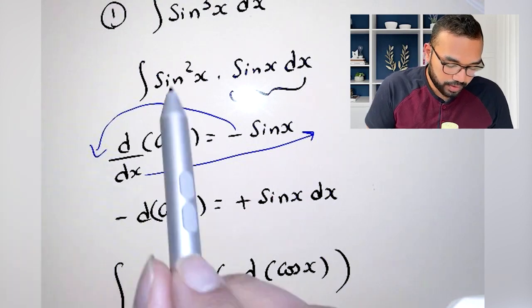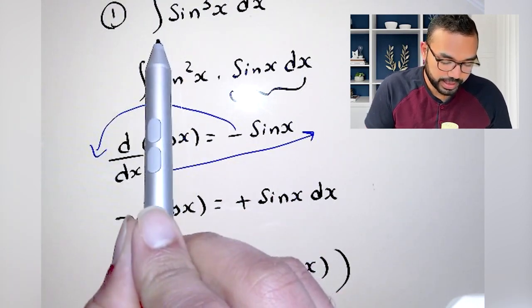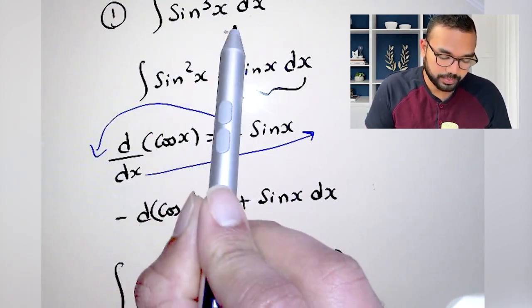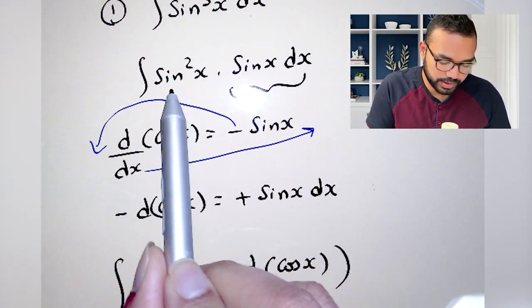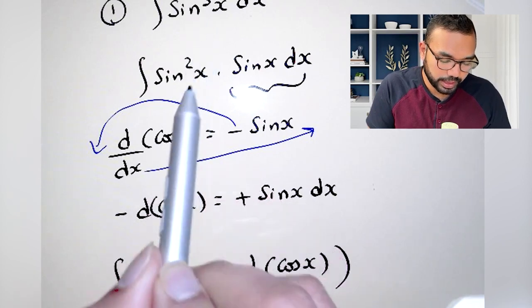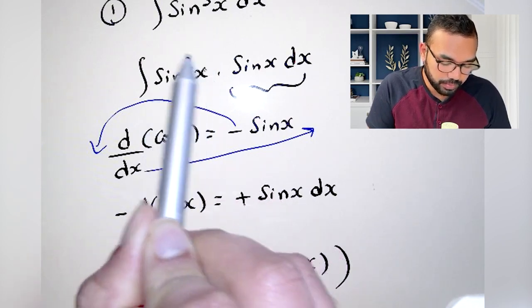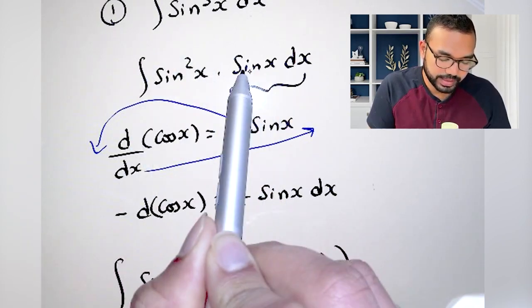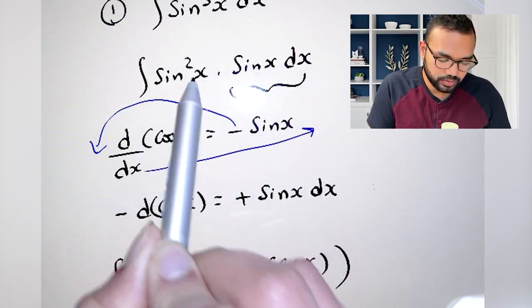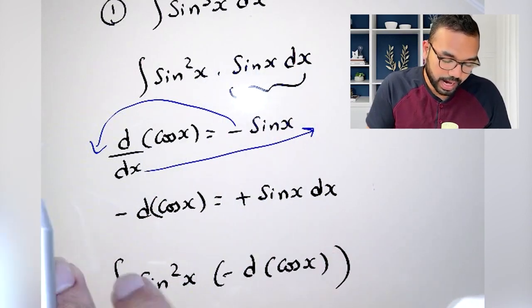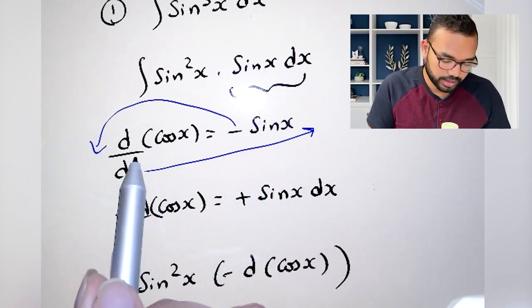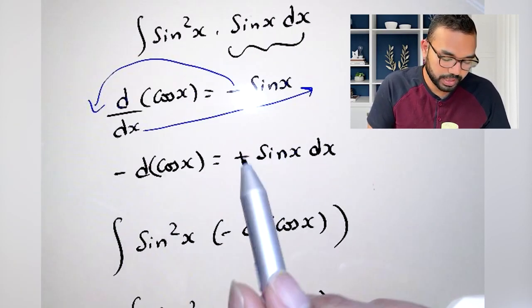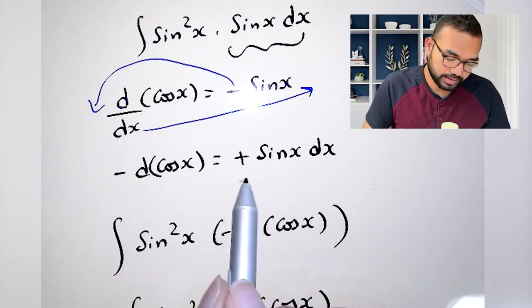Let's summarize what we just did. So our problem is to integrate sine cube x with respect to x. The first step I did is to split this odd power into one even power and sine x dx. I know that I can write this sine x dx as minus d of cos x.